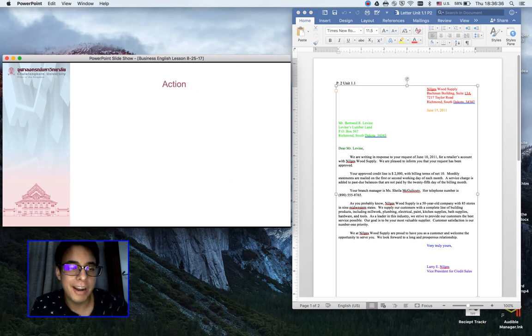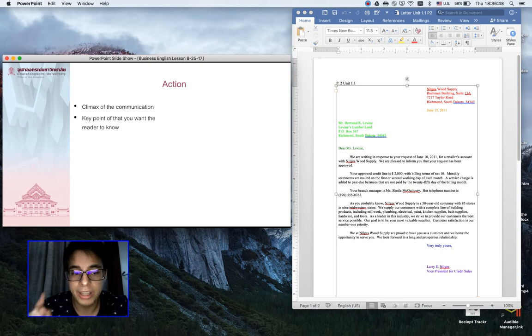Now, towards the end there's going to be an action paragraph. And this is basically the climax of the communication. It's the key point that you want the reader to focus on and to know. And of course, the key point is connected with the purpose of the letter in general.